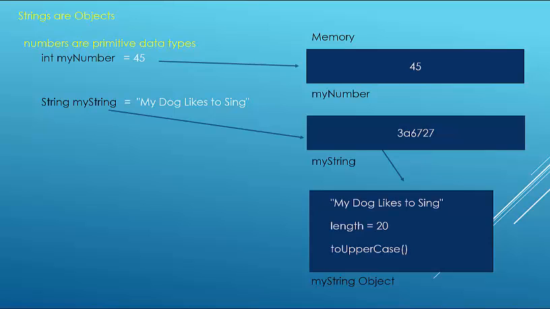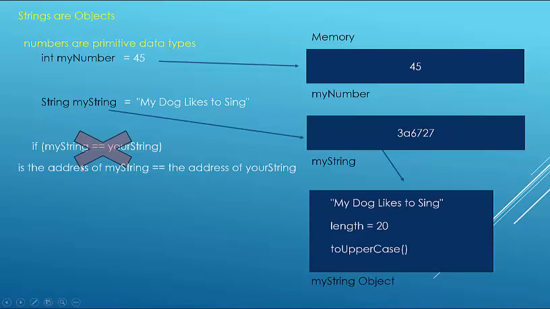But what I really want you to get out of this video is the fact that myString is actually holding an address in memory, not the actual string itself. So as a result, if you're doing a comparison in an if statement and you're trying to compare two strings, to see if, for example, both strings are "my dog likes to sing," you can't compare the two variables with the double equal sign like we've done in the past.